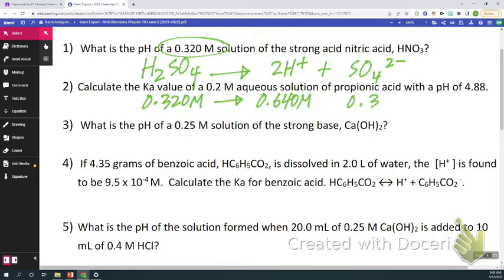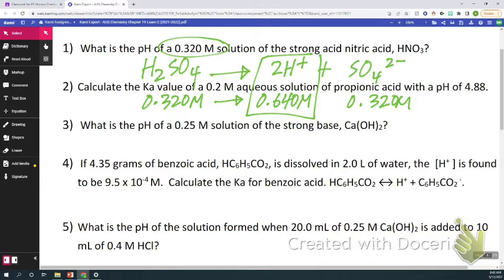The SO4 2 minus is still 0.320. So you're going to use the 0.640 molarity as your H plus. So you negative log 0.640 to get the pH.